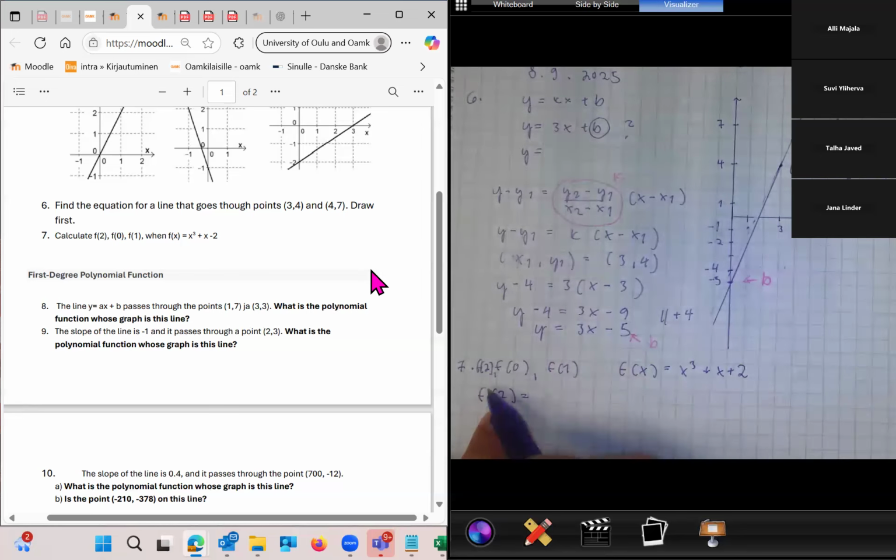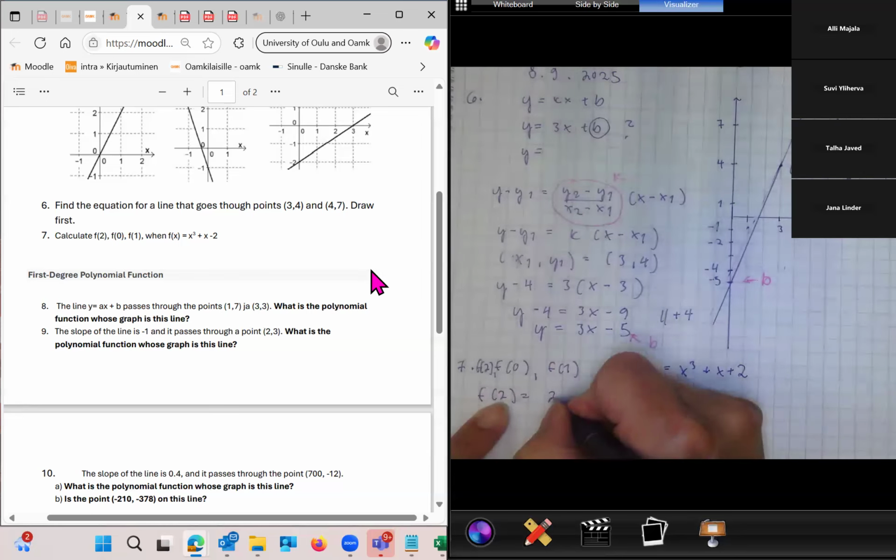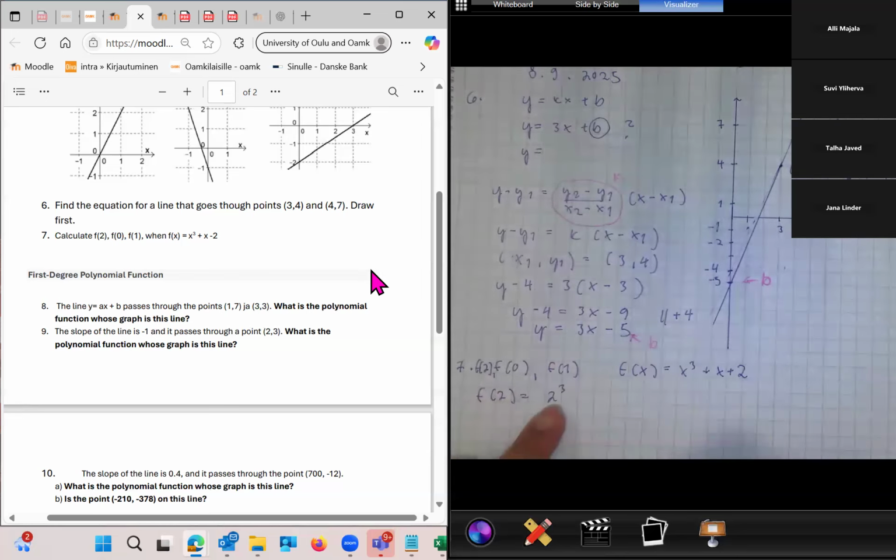So this is just to show you what this means. It just means that this is now with X, so X is here as the variable. So now you just adjust a number there.